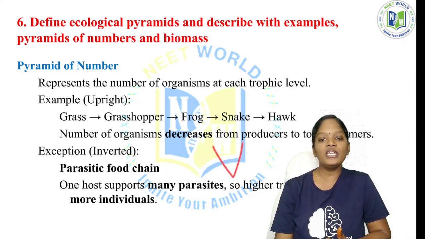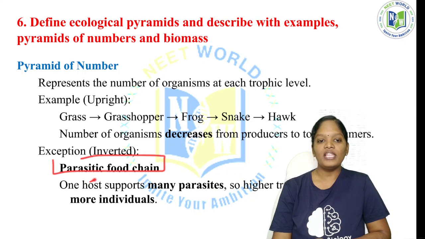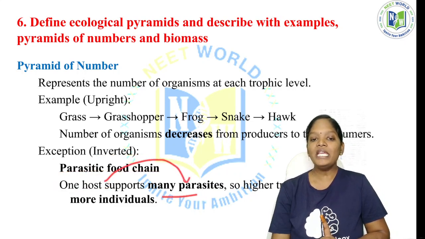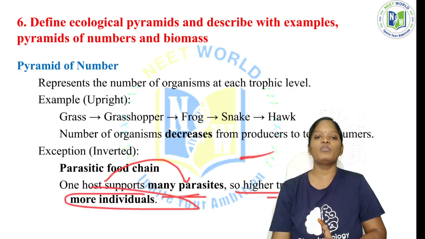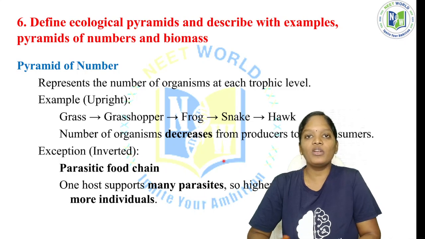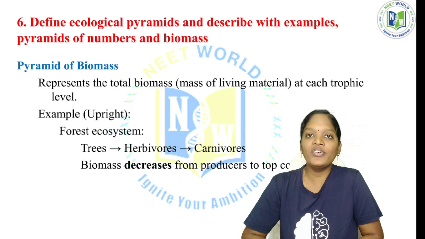So this tree ecosystem is also considered an inverted pyramid. In a parasitic food chain, there will be only one host that supports many parasites. So higher trophic levels have more individuals. Based on the number, we can say this pyramid will be upright or inverted. So this is with respect to the pyramid of numbers.